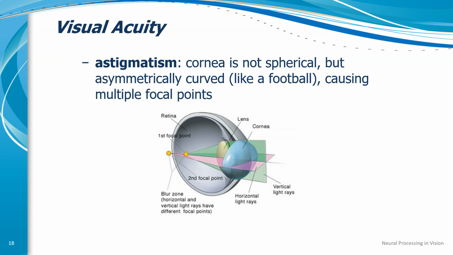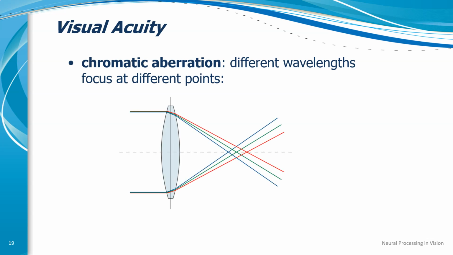So far, so good. But there are still other factors. Again, our eyes are optical devices. They do have a lens in them. Lenses can introduce new problems, like this one called chromatic aberration. In this case, we have white light coming into a lens, and as a result of the lens, it kind of splits the different wavelengths apart.